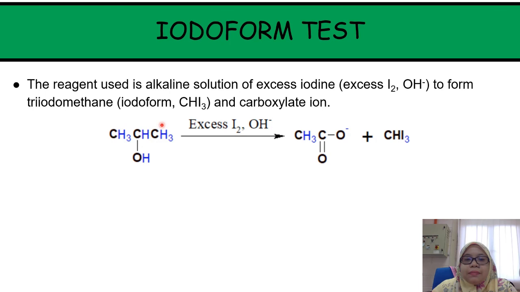When reacted with the iodoform reagent, excess iodine in OH minus solution, one of the carbons will be broken off from the 2-propanol, forming iodoform. Then, leaving only 2 carbons, these will be oxidized to a carboxylate ion.